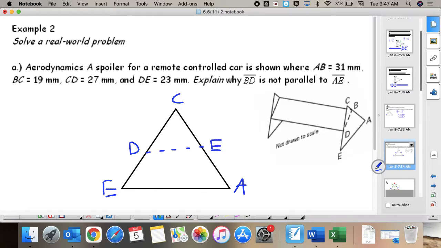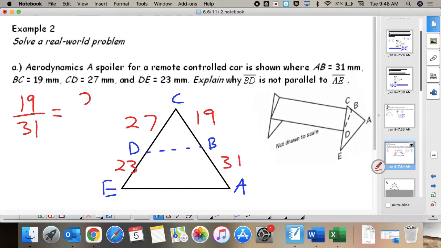Now, when we label our pieces here, they say AB is 31, BC is 19, CD is 27, and DE is 23. So in order for these lines to be parallel, these ratios have to be the same. 19 over 31, 27 over 23. Those two ratios are not equal, so that is why they are not parallel.